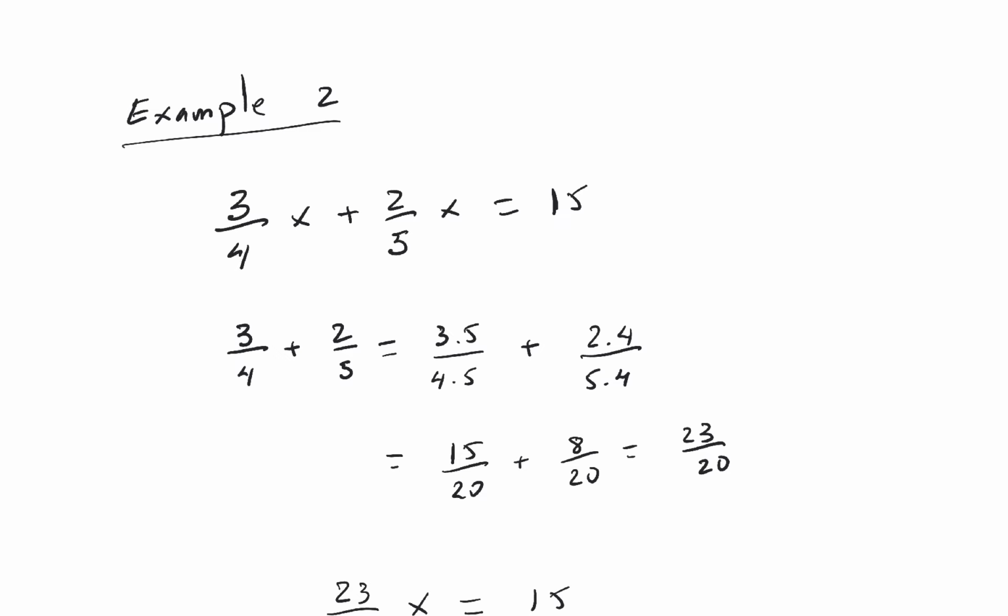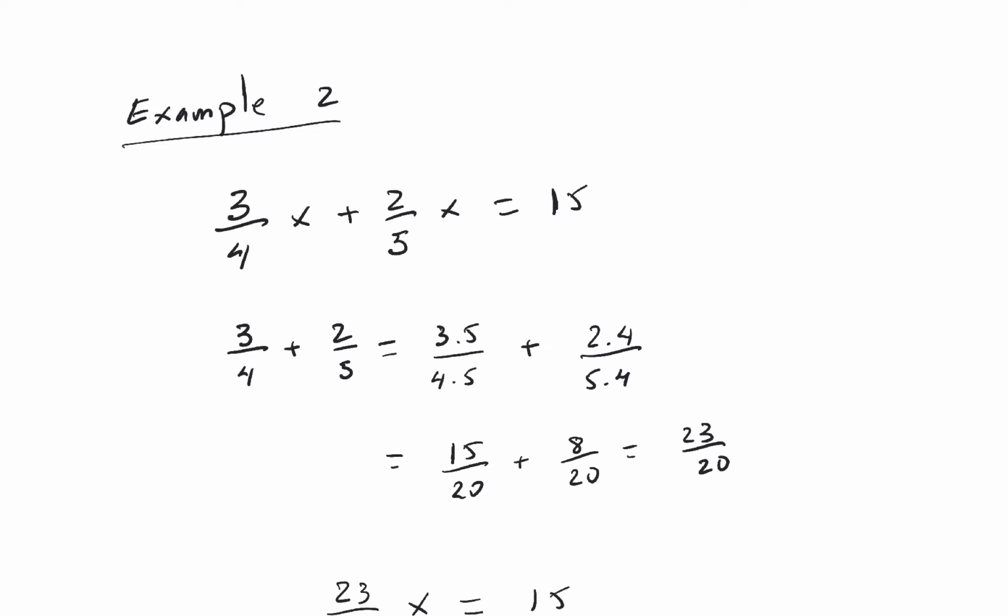So I can write 2/5 as 2 multiplied by 4 divided by 5 multiplied by 4. But now I can sum these two fractions because they have a common denominator. 3 multiplied by 5 is 15, 2 multiplied by 4 is 8, and the common denominator is 20. So 15 plus 8 is 23 divided by 20.